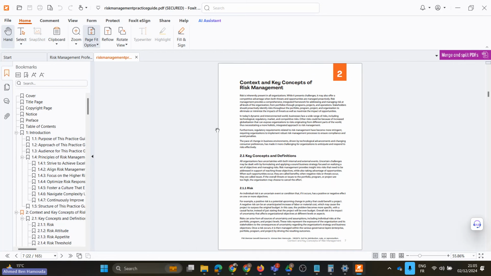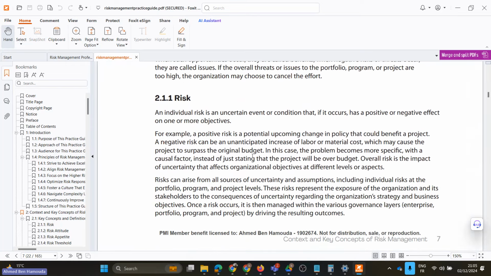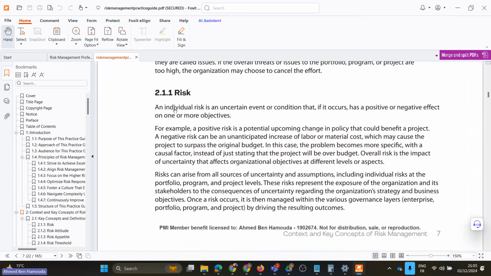Just to put you in the context, okay? Let's see what the definition of a risk is now. It says here a risk, or an individual risk, is an uncertain event or condition that, if it occurs, will have a positive or a negative effect on one or more project objectives.